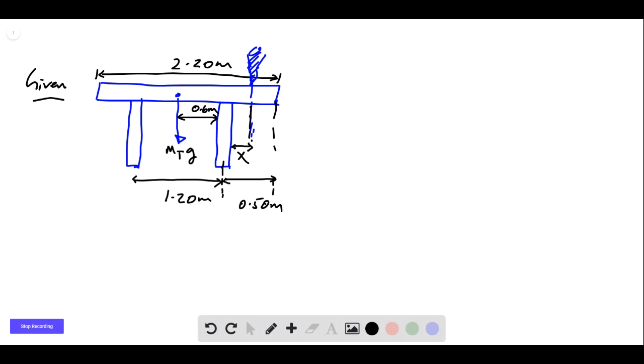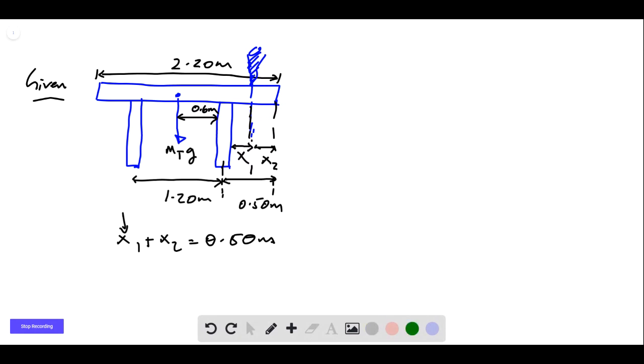And we want to find out, let's call that X1, and then their distance from the edge of the table, let's call that X2. So we know that X1 plus X2 is equivalent to 0.50 meters. But we don't know what X1 is. We can always find that.